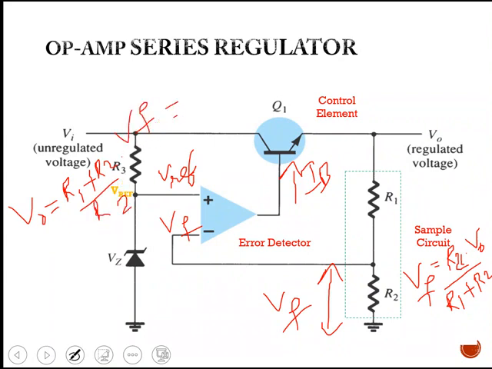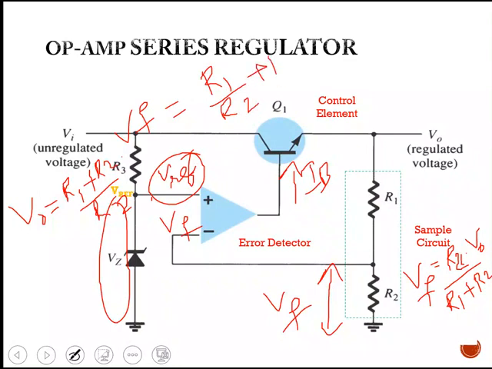VF is nothing but equal to V reference, where this V reference is nothing but equal to VZ. So we can tell that V0 is equal to (R1 by R2 plus 1) into VZ. That means our series regulator output voltage is controlled by the Zener voltage.